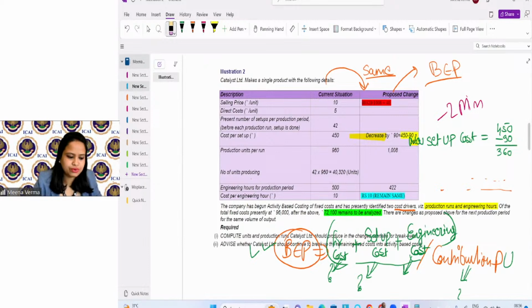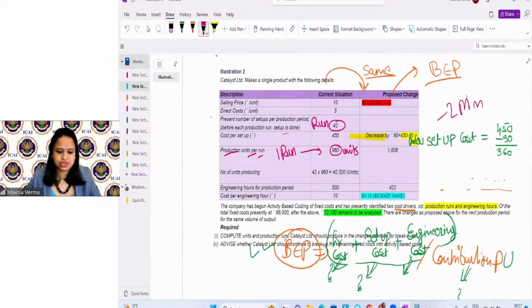Let me show you what is given here. It is given that production unit per run is 960 units in one run. And now how many runs do you have? Setup means you have this many runs, this many times you are setting the machine. So this will be the total number of runs.